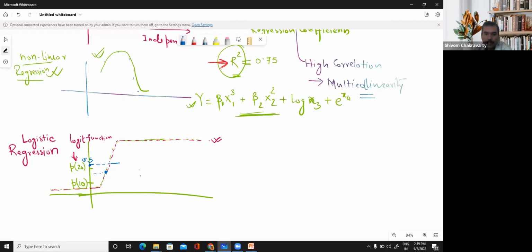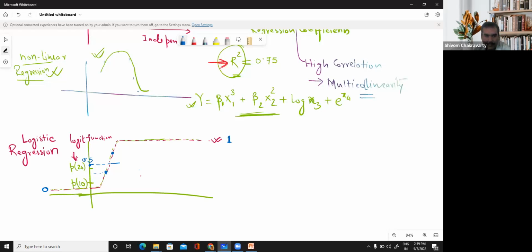So the outcome is 0. For some other outcomes, if the probability is greater than 0.5, say the outcome represented here has probability 0.7, then we will say the outcome is 1.